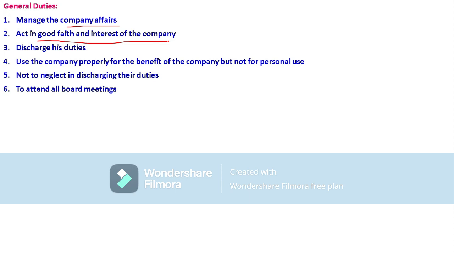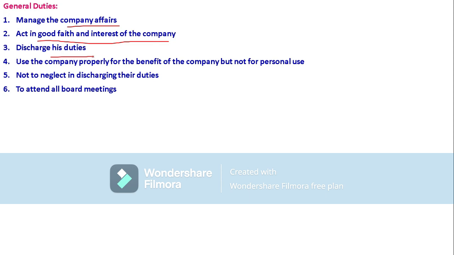Whenever a director enters a company, by default he should know he has to work with good faith, and for the interest of the company. Likewise, discharge his duties. This is very important. The person working in a company should discharge his duties with utmost care and use his skills properly. Why?